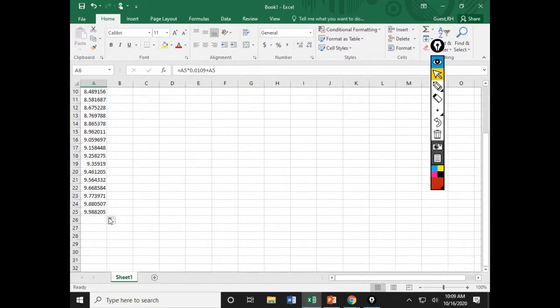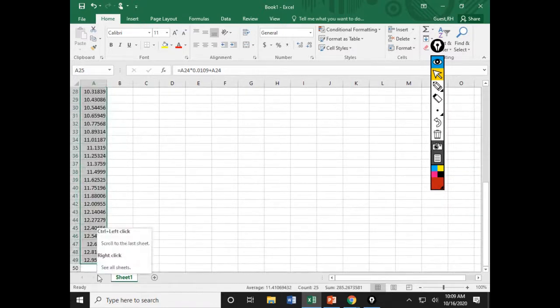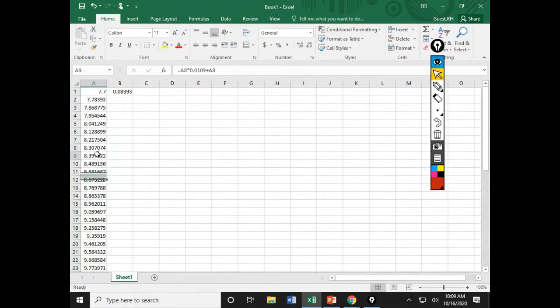I can drag that down as many years as I want. Okay. So when I do that, every time I do this, if I click on this cell, I can see what it's done: taken the cell above it, times it by my growth rate, and then added it to the cell above it, right? It's just continued to copy that down.